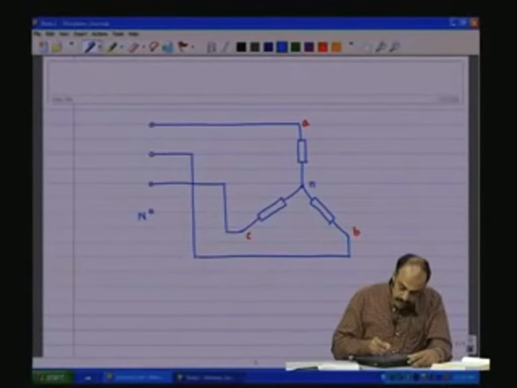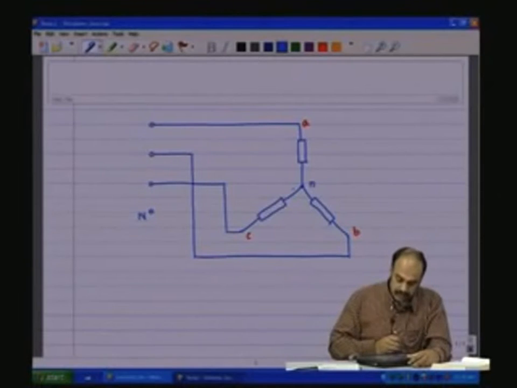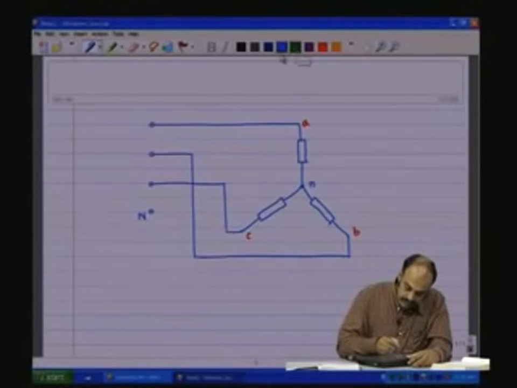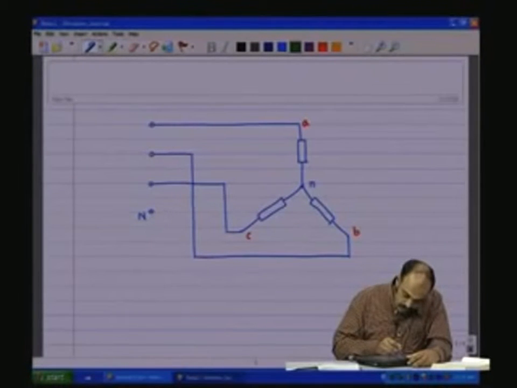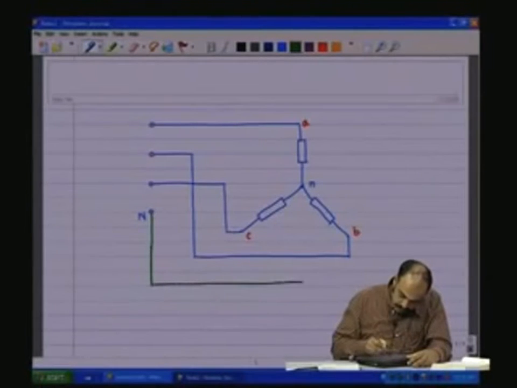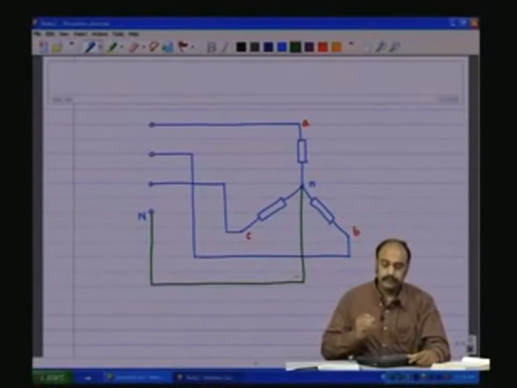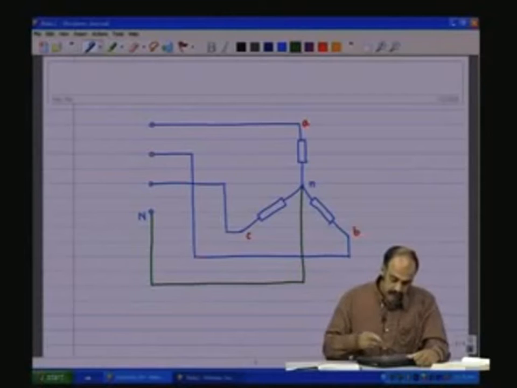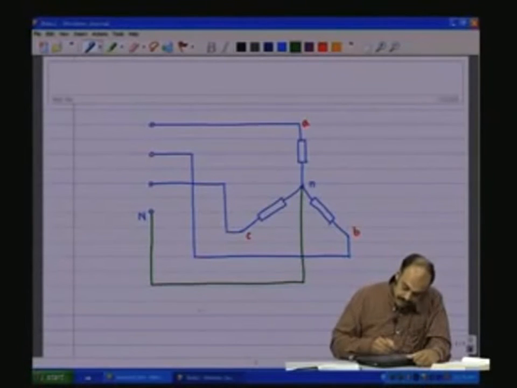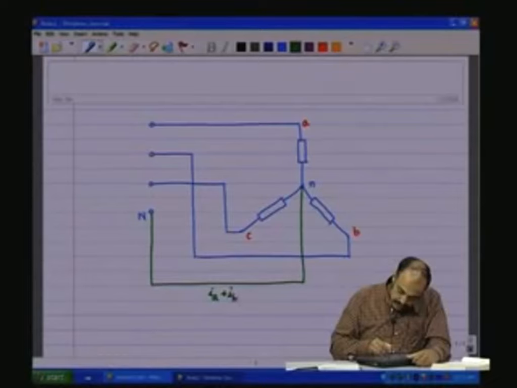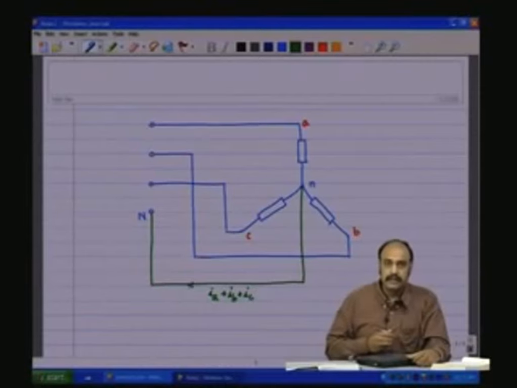We are not connecting the uppercase N and the lowercase n, assuming that the load is balanced. So, in actuality, in a 4-wire system, we are connecting the source neutral and the load side neutral, such that in the return path here, IA plus IB plus IC is going to flow.